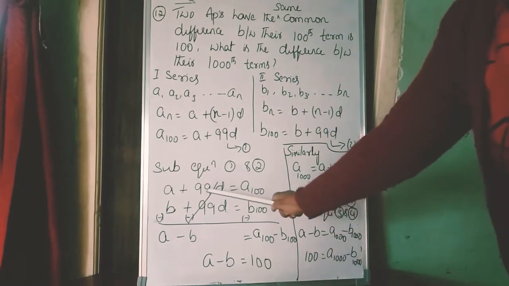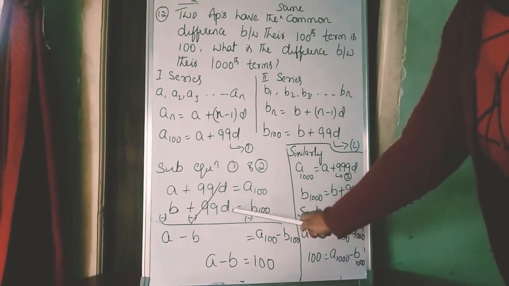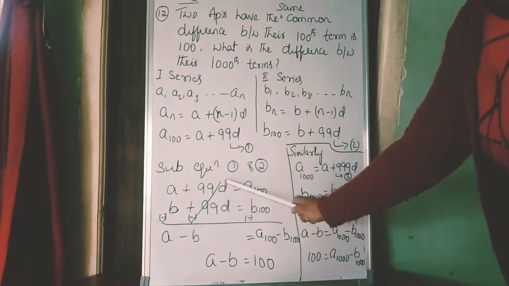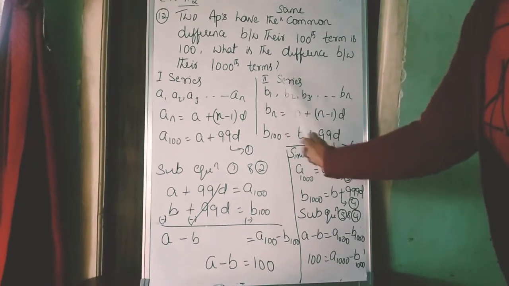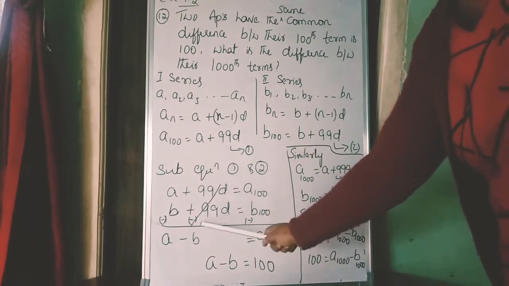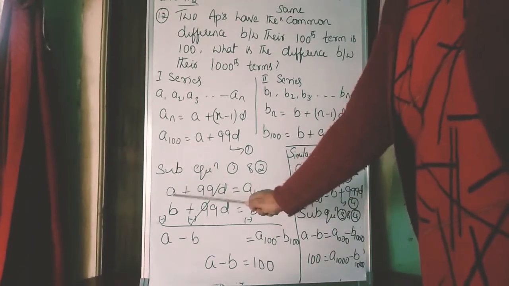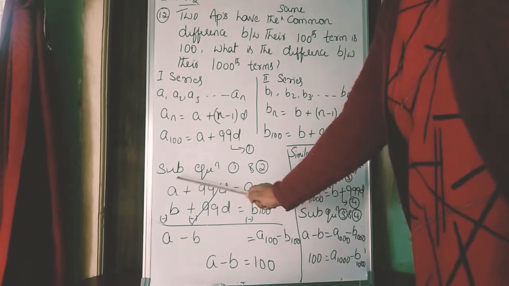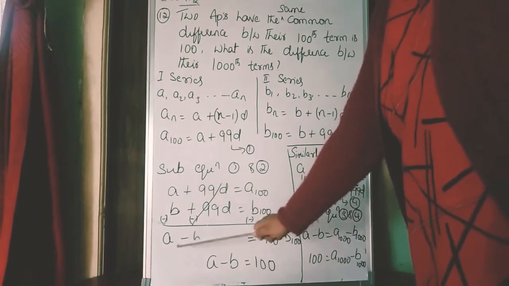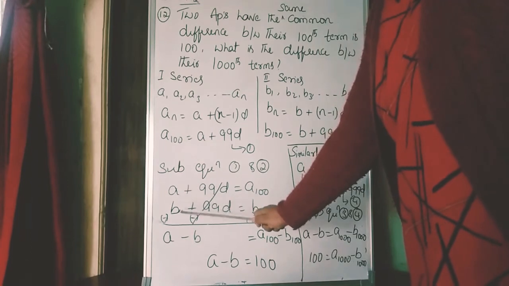Now 99D, here both are the same. Both the series have the same common difference, so it is cancelled. The first terms are different, so we can't subtract them directly.